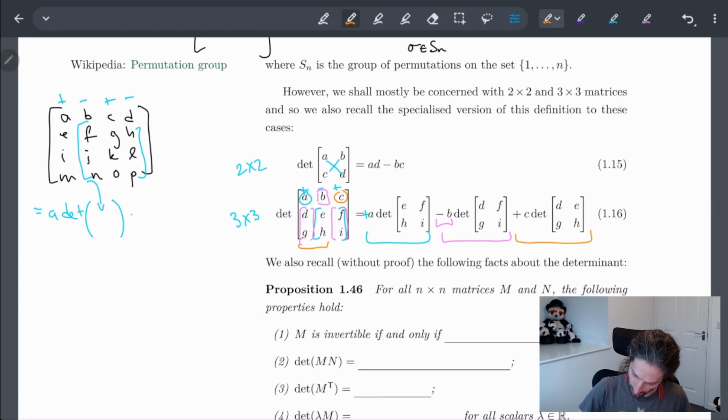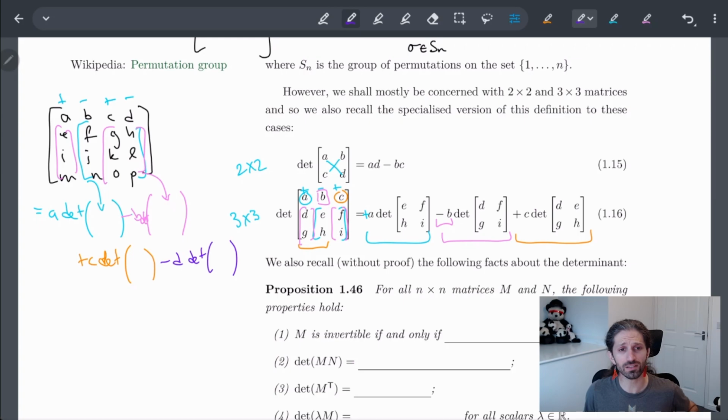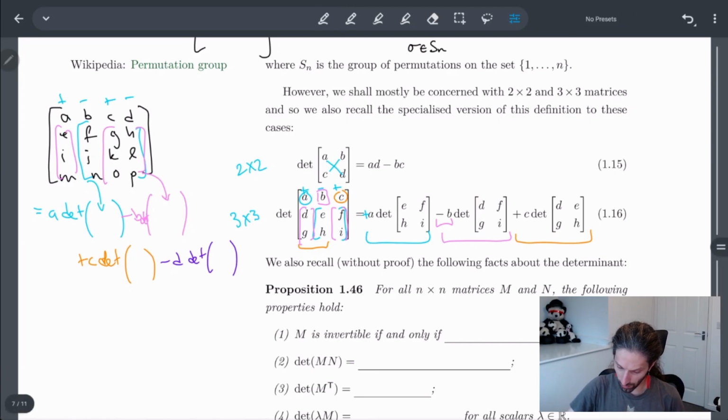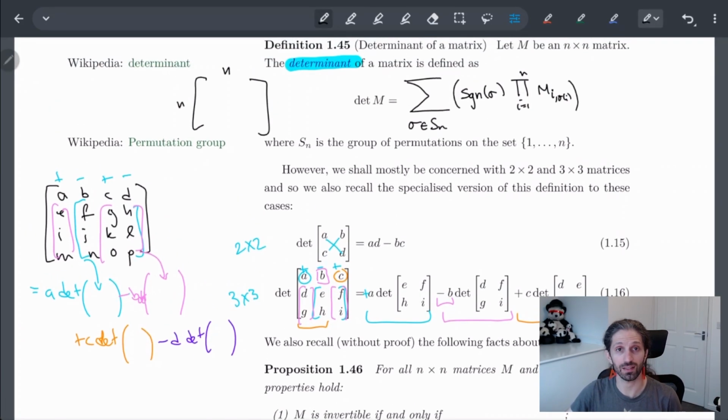Then in a different color, minus B times the determinant of this pink part, etc. And then plus C times its determinant, and then minus D times its determinant. And that's all this is. You just do this inductively all the way down until you have a formula. That's what this big formula on top is basically trying to do. That's it.